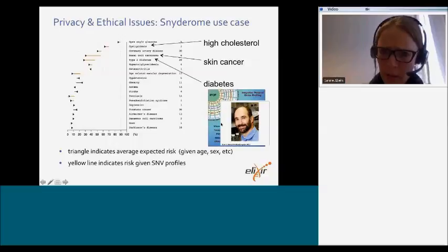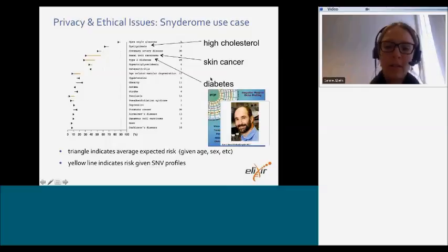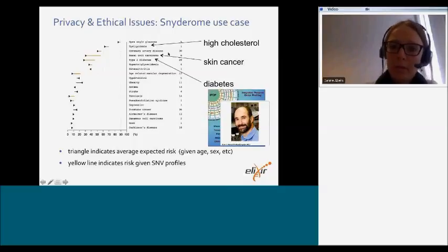For example, Michael Snyder put his genome and all his sequencing data online, and that immediately showed that he had a high chance of high cholesterol, a higher chance of skin cancer, a higher chance of diabetes, and of course, employers or insurance companies could use this information, so we need to be really, really careful about where this human data ends up.